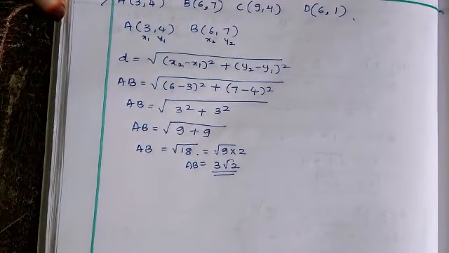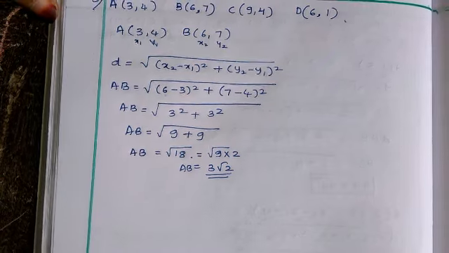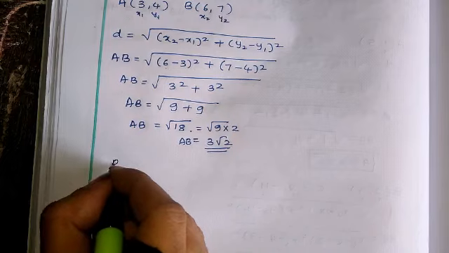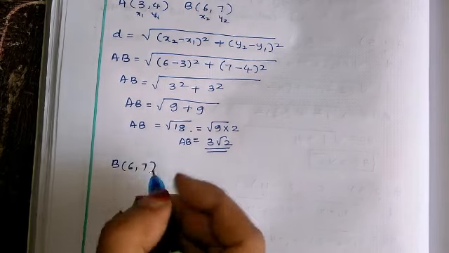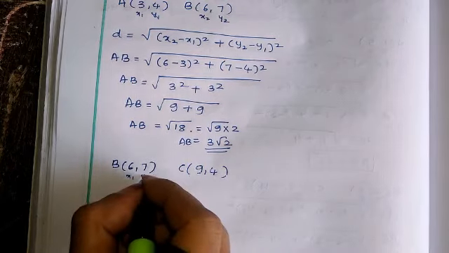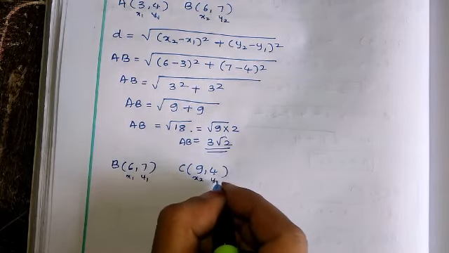Let us find now BC. B point is 6, 7 and C point is 9, 4. This is x1, this is y1, this is x2, this is y2.